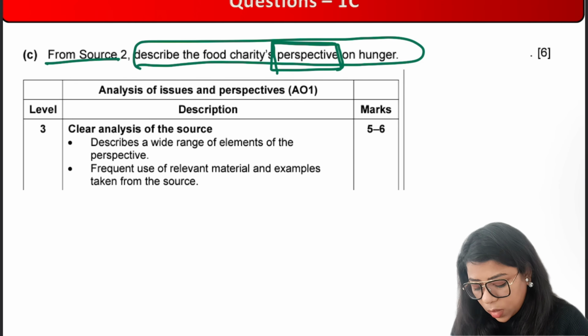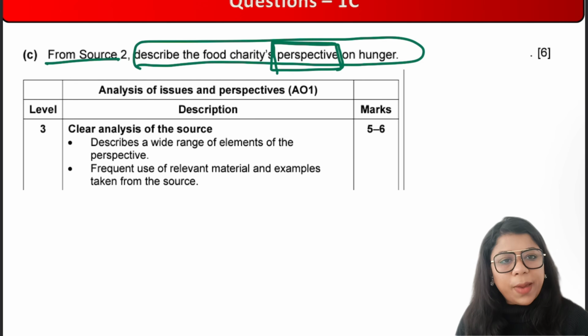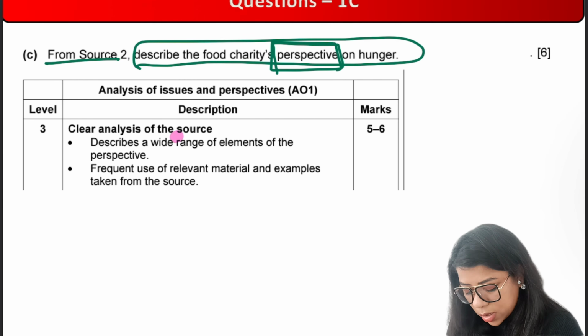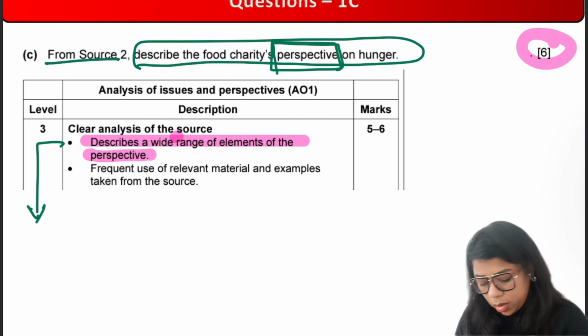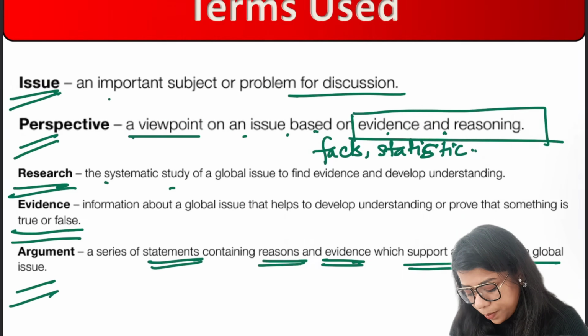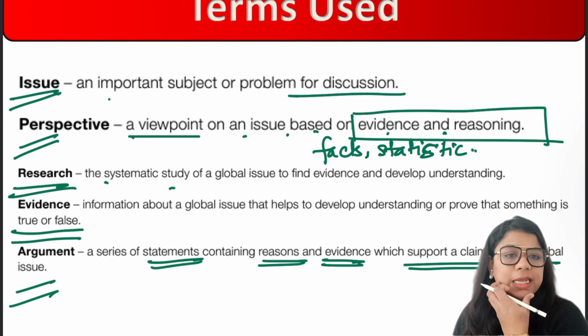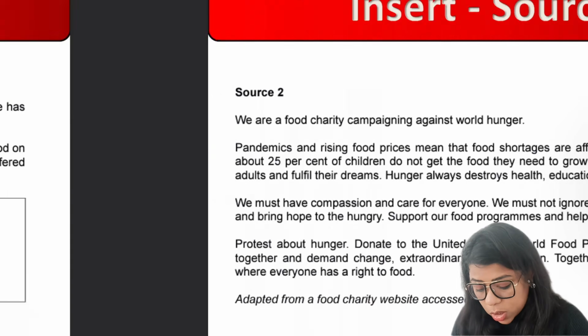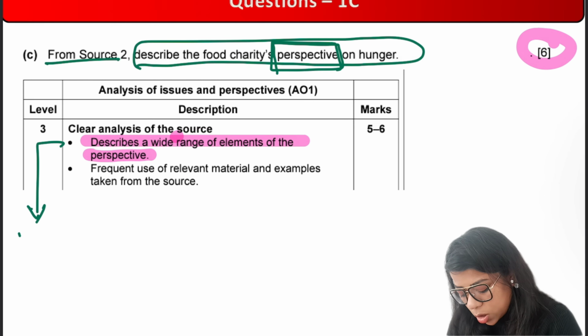Now, what are you expected to do in the answer? A clear analysis of the source, describing the wide range of elements of perspective. What are the elements of perspective over here? The elements of perspective are evidence and reasoning. So first of all, in your answer you will mention the perspective.